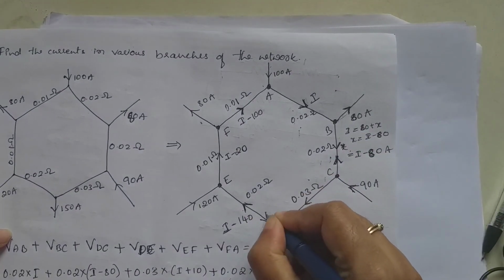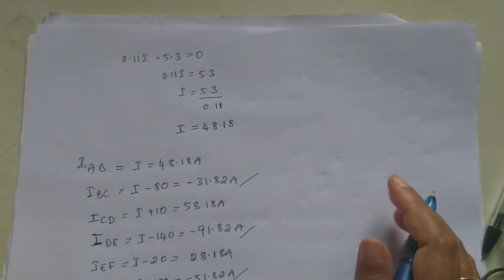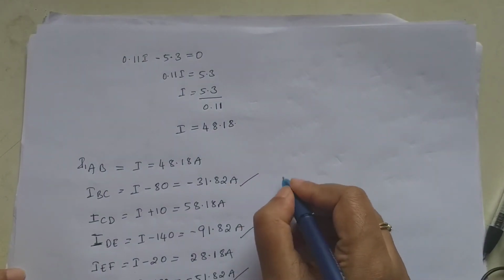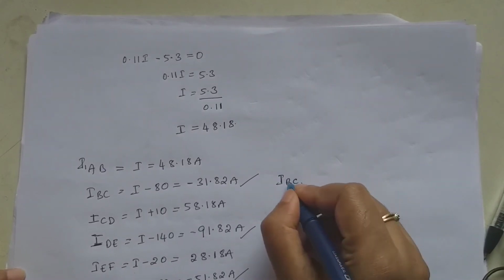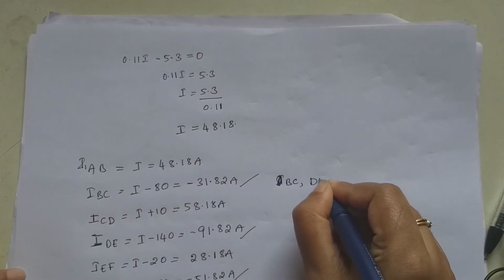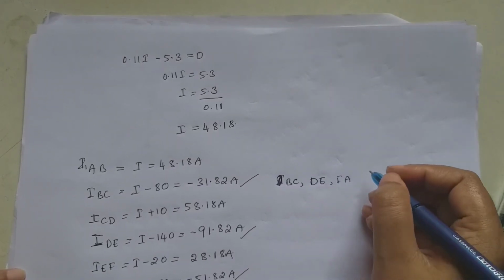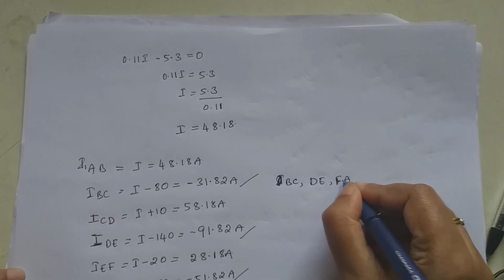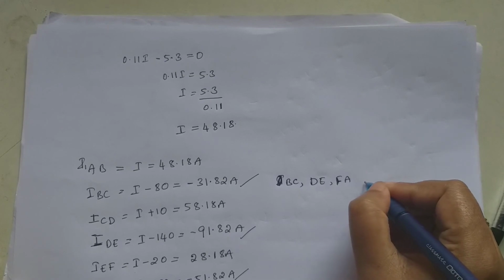So the currents through branches BC, DE and FA were assumed in the wrong direction, so they have to be reversed.